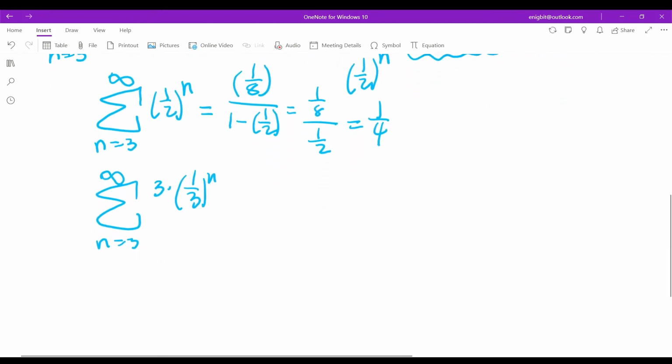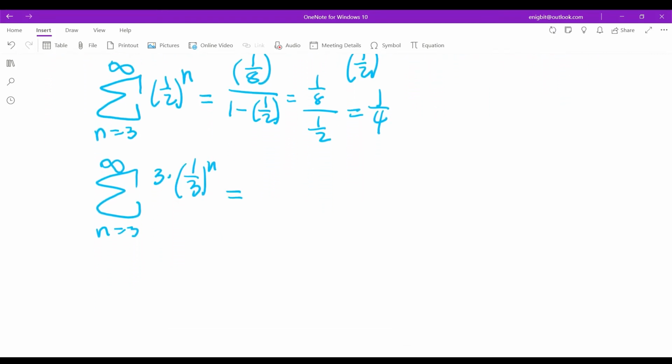So what this ends up becoming is the first term, which is going to be 1/9, because 1/3 cubed is 1 over 27, times 3 is 1/9. And the common ratio is 1/3 once again, so 1/9 over 1 minus 1/3, which is 1/9 over 2/3, which is equal to 1/6.